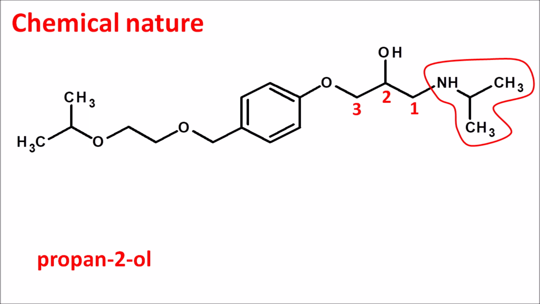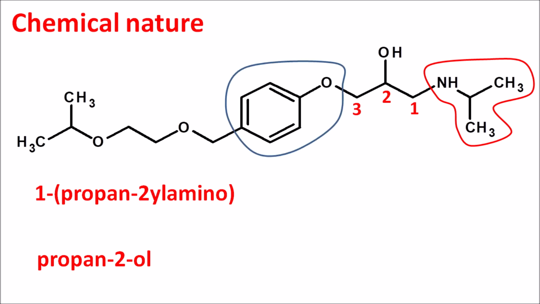So we can write this as 1-propane 2-ol amino. Then at the third position it is having this ring. So this is nothing but the phenoxy. So we can write this as 3-phenoxy. And this phenoxy group is attached to a methyl group at the fourth position, so 4-methyl, which is further attached to the ethoxy chain.